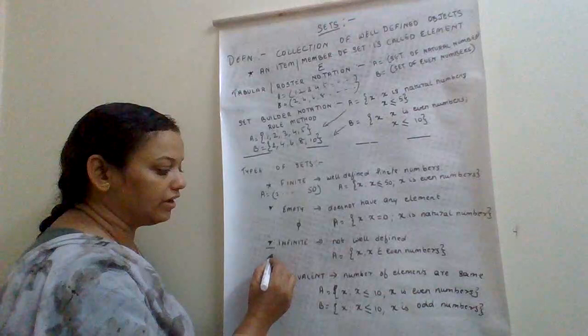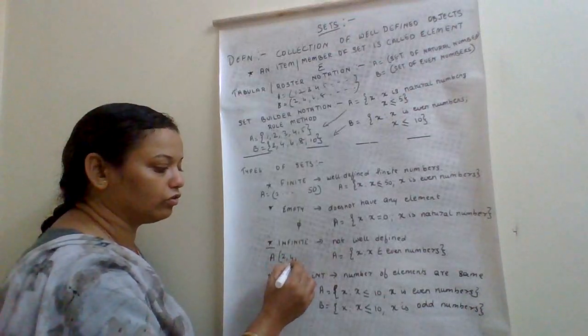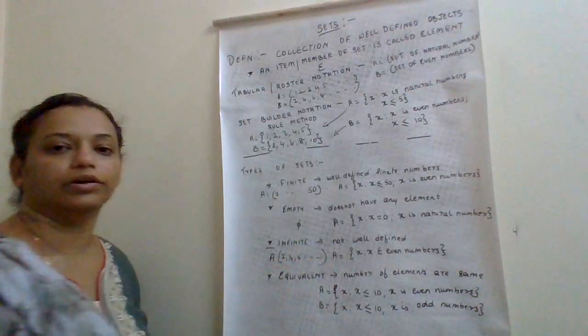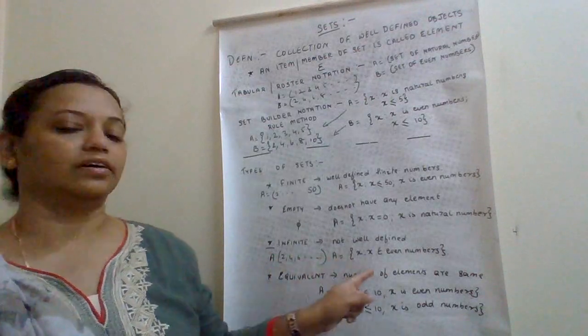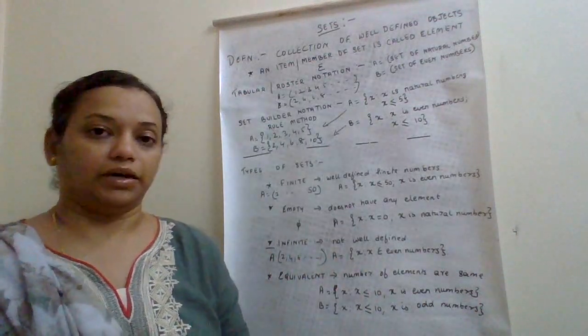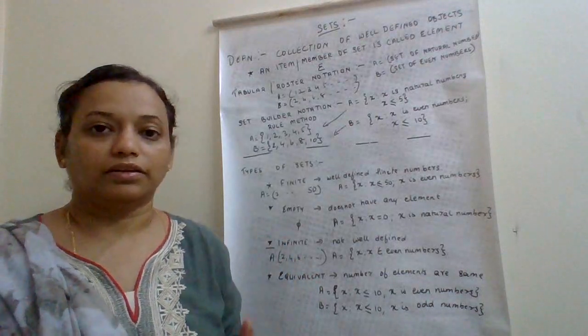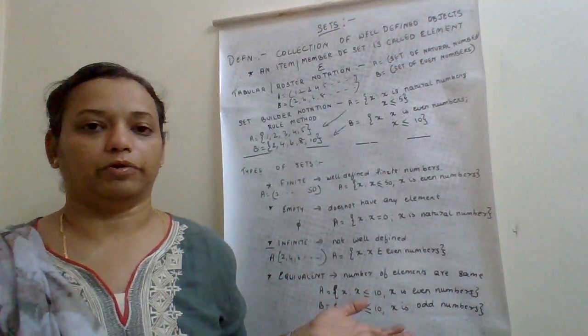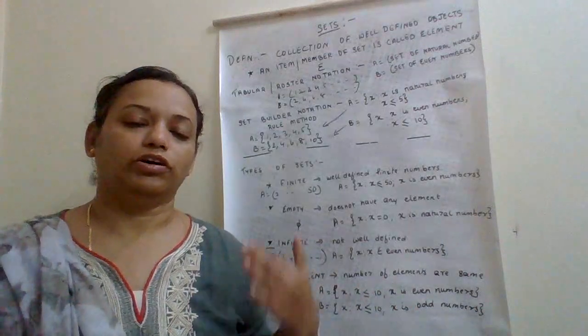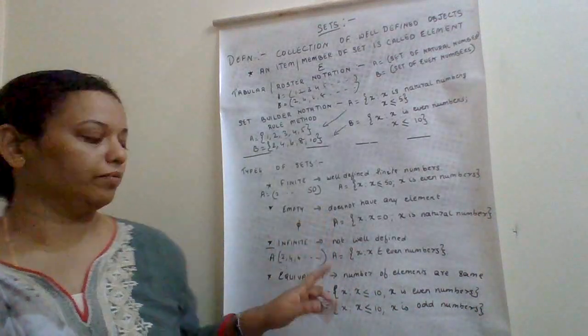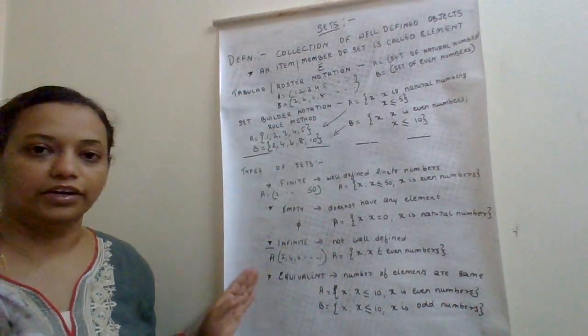So A is 2, 4, 6 and it goes on and on and on. That is an infinite set wherein it is not well defined. There is a start point but there is no end point to it. It goes to infinity. Okay, so I hope you are clear on finite and infinite.